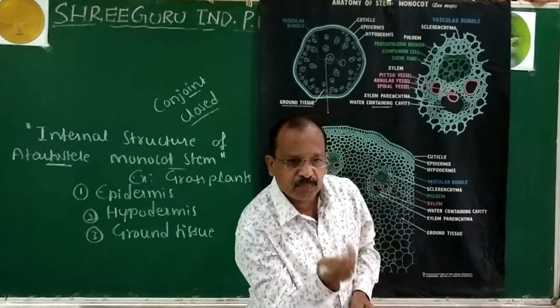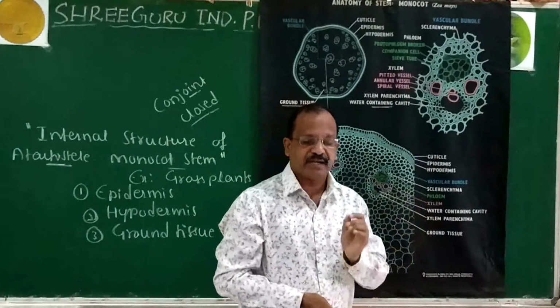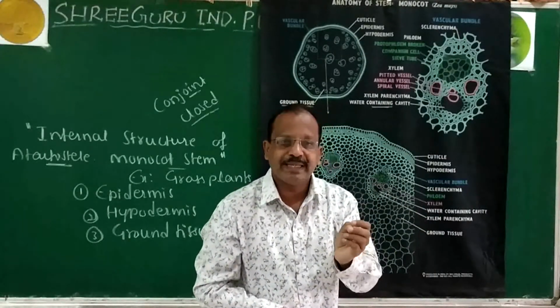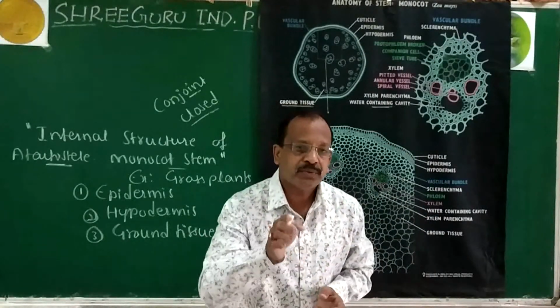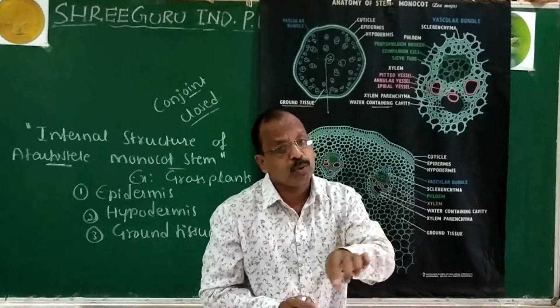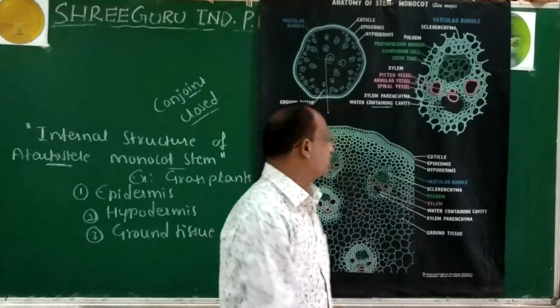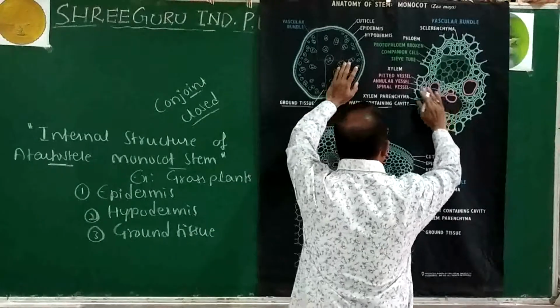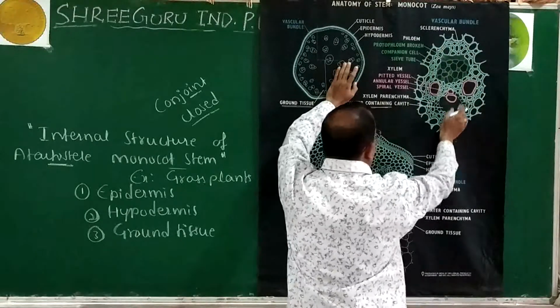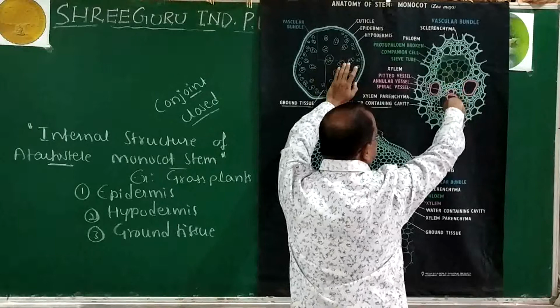Just beneath the protoxylem, you will get the water containing cavity. It is produced due to disintegration of one or more protoxylem elements during the elongation of the stem. Inside the bundle sheath, you get phloem on the outer side and xylem on the inner side.